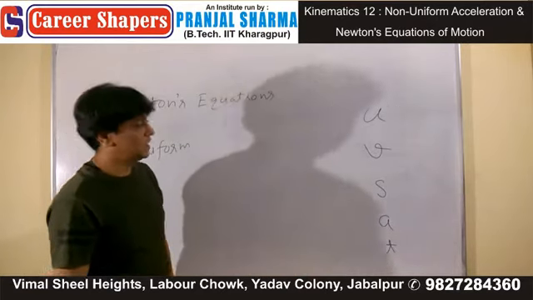Just for your understanding, you can write it like this also. u is nothing but velocity when time is 0. v is velocity when time is t seconds. So that's how you should understand this: initial velocity means velocity when time is 0, and v is velocity at time t.